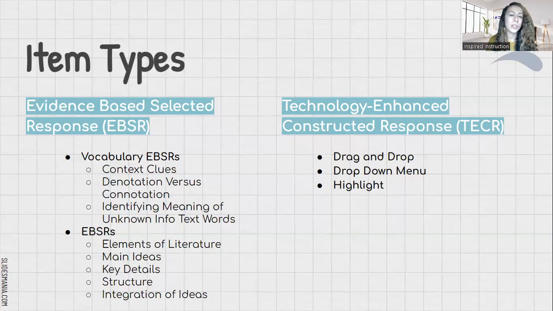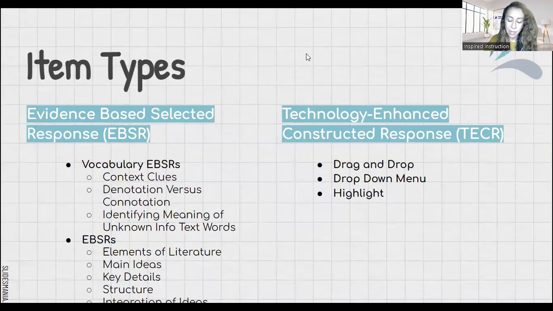But something that kind of goes along with the scoring rules is that if the student answers part A correct and part B incorrect, they can receive partial credit. However, if they answer part A incorrect and happen to get part B correct, they don't receive partial credit because part B is always providing evidence for what they selected in part A. And if they got part A wrong, how could they prove an answer that's incorrect with the correct evidence?